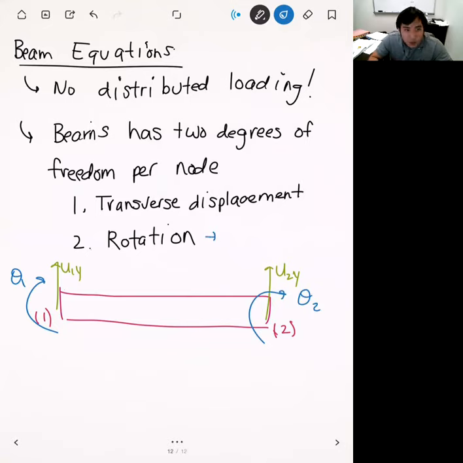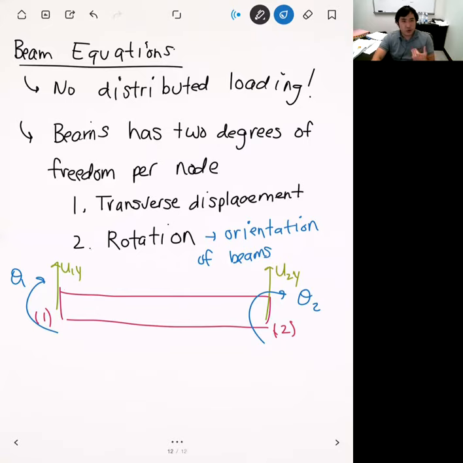Right, and so it's important to understand conceptually what these rotations are. What these rotations represent is the orientation of the beam at these locations. Okay.